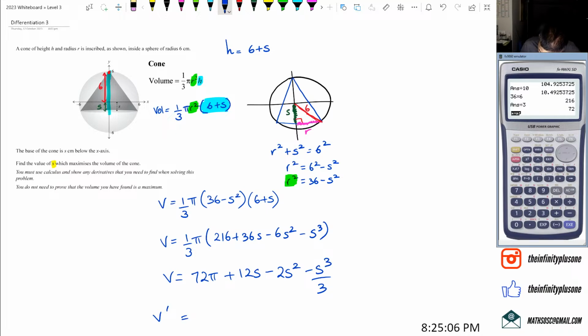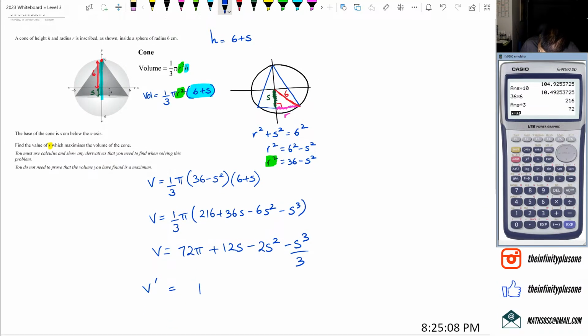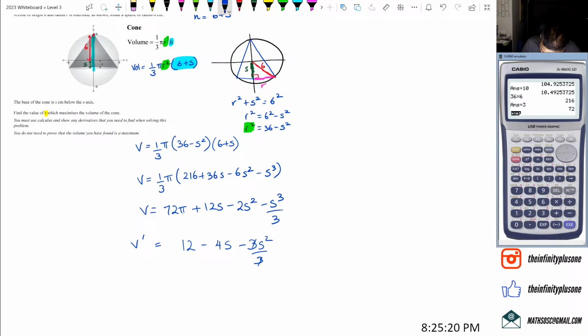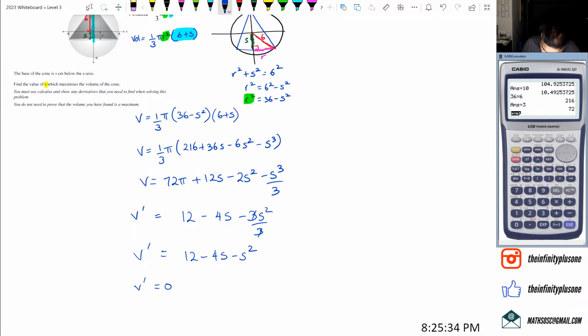Differentiating it, 72 pi is going to disappear, and I've got 12 minus 4s minus 3s squared over 3, that disappears. So what I've got here is v dash is equal to 12 minus 4s minus s squared. Now you put v dash equal to 0, so I'm going to rearrange it.